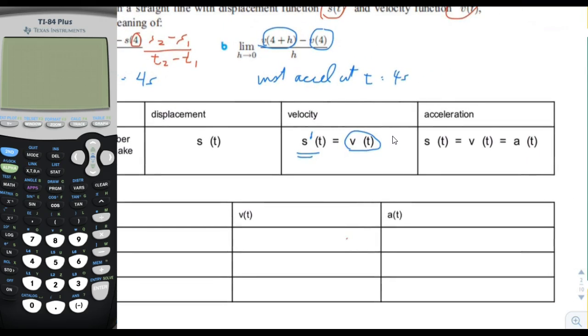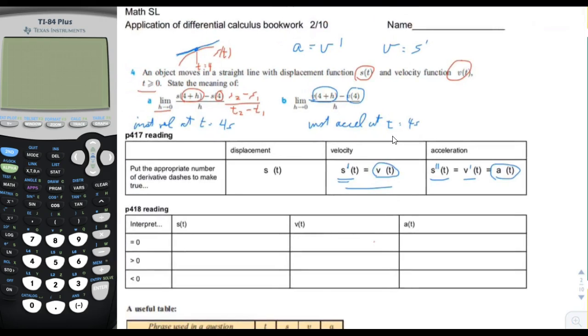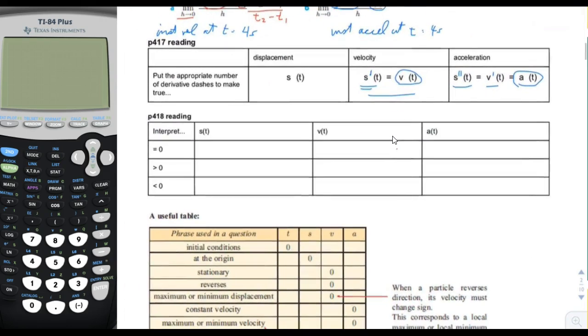Acceleration is a, but a is not equal to v. If we put a dash, then the derivative of velocity is acceleration. And remember that velocity is the derivative of displacement, so taking the derivative of velocity is like taking two derivatives of displacement. Okay, so now those statements are true.